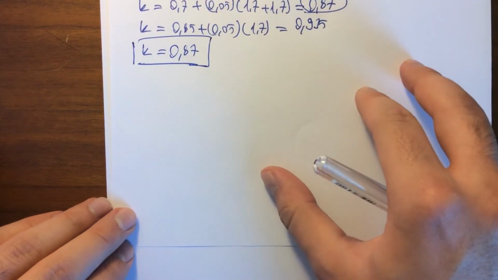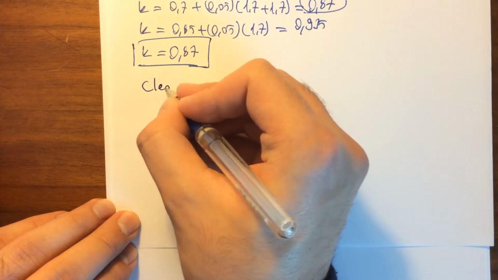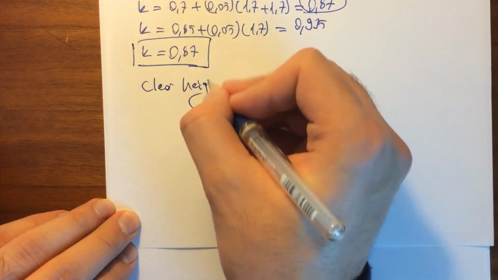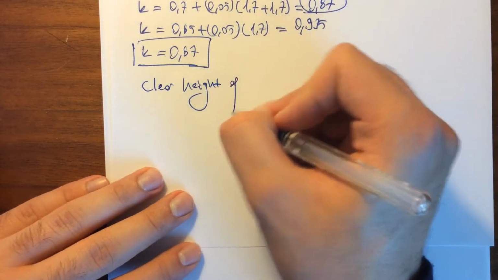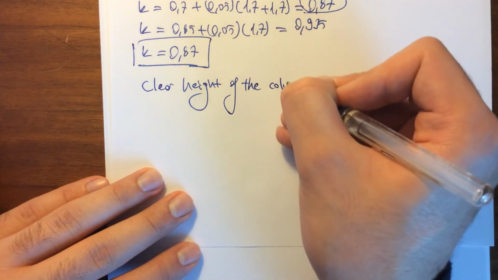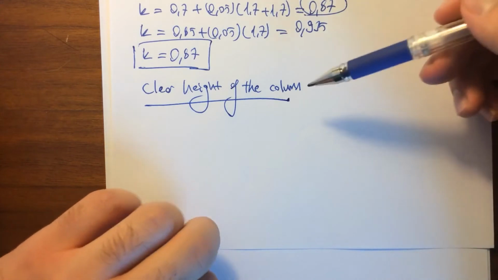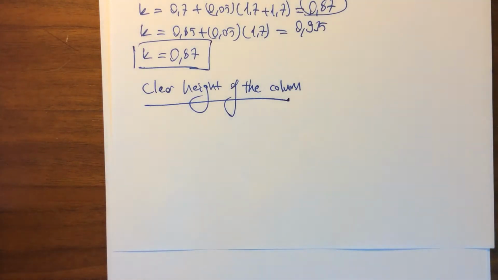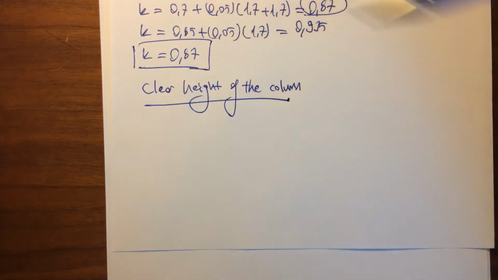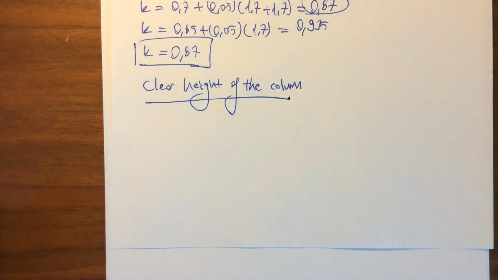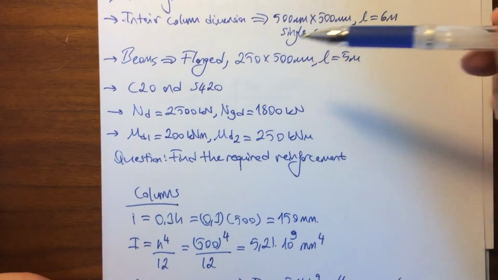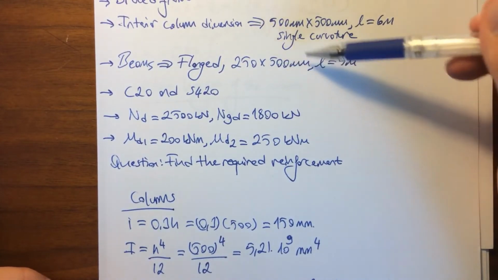Let's move on to calculate the clear height of the column. To find the clear height of the column, we need to subtract the beam depth from the height of the column. The beam depth was given as 500 millimeters in the question.